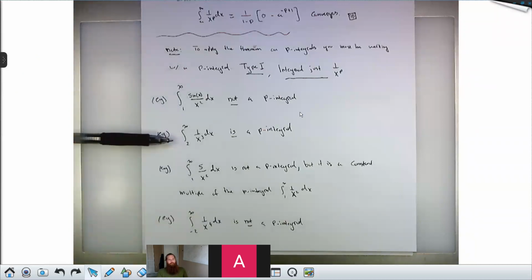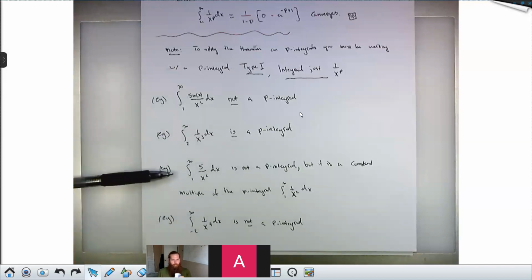Converge or diverge? Integral 2. Yeah, this is a convergent p integral. Here p is equal to 3. 3 is bigger than 1. So it converges.